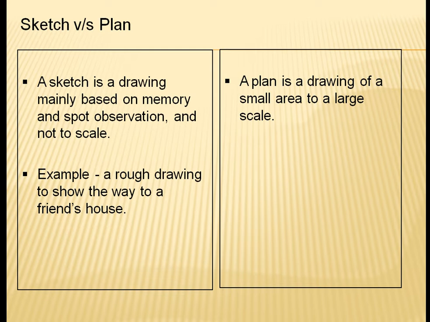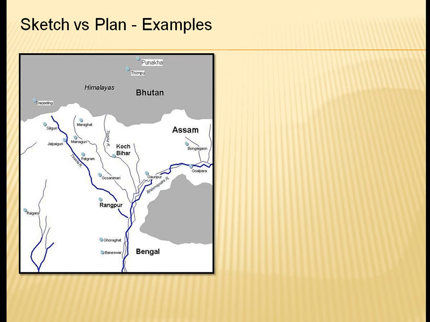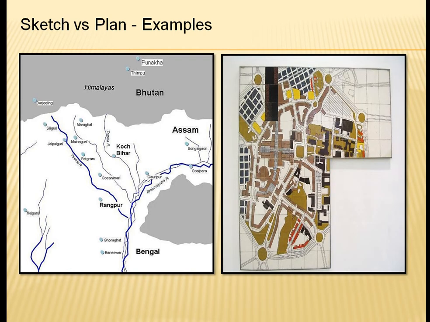A plan is a drawing of a small area on a large scale. Example, a house plan drawn with a lot of detail of layout and rooms. So what is the difference? You can easily understand. Next, see the example of sketch versus plan. One image, another image. So by seeing this you can easily understand about the sketch and plan.